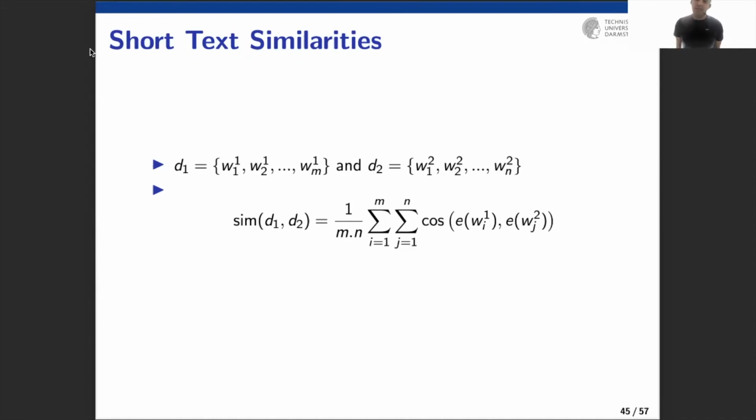We use the embedding function to transform each word of each text to its corresponding word embedding, and then we compute the cosine similarity between all words. But in order to not be biased towards the length of the documents, we always compute the average over these similarities.